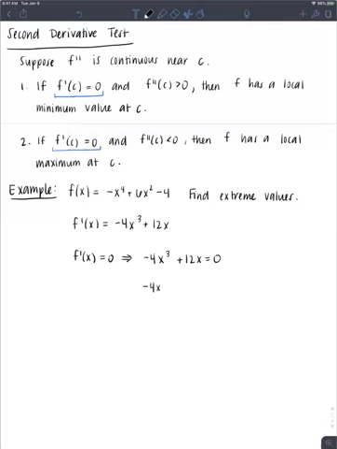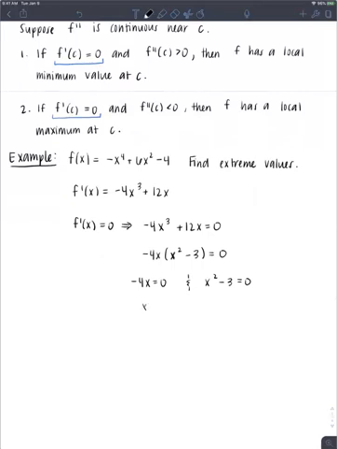So if I take out a negative 4x, then this is positive x squared, and then this is going to be minus 3 equals 0. And so you're going to get that negative 4x equals 0 and x squared minus 3 equals 0. And so I'm going to write it like this. So you're going to get x equals 0, but then here, you're going to get that x is equal to plus or minus the square root of 3.